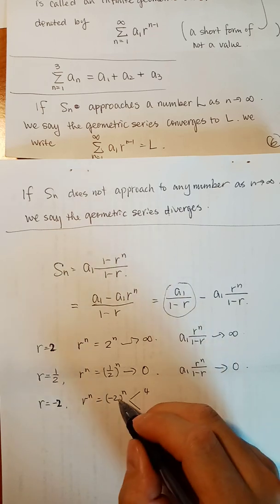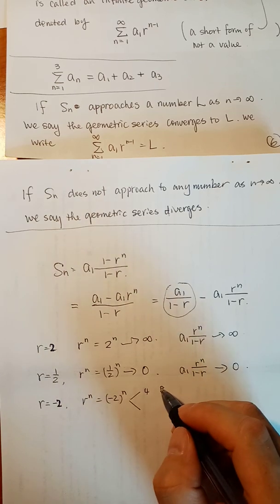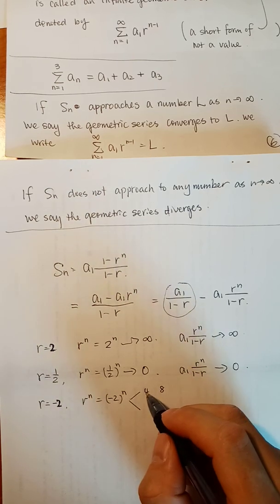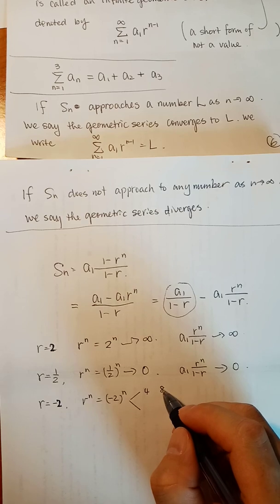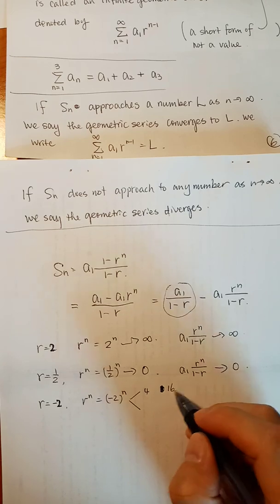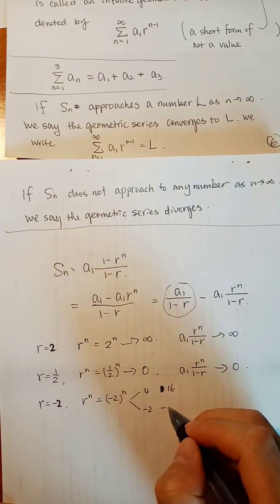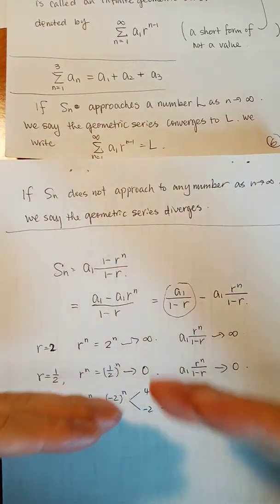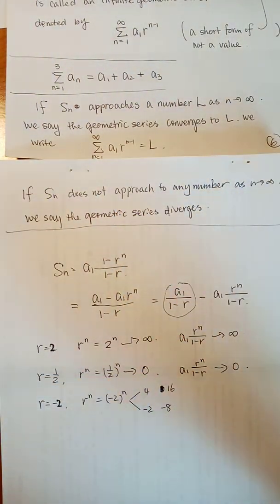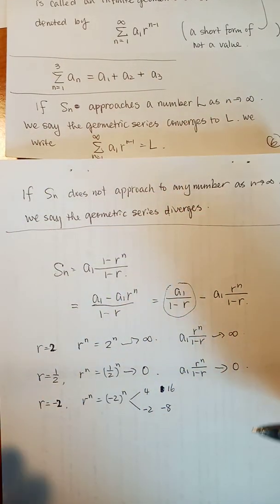When n is 4, it's already 16. And when n is 1, it's -2. n is 3, it's -8. So it becomes positive, negative, positive, negative. If you always have positive, negative, it does not approach any number.